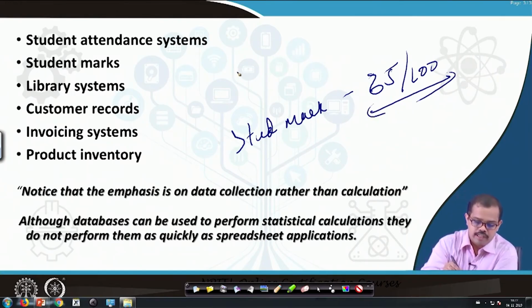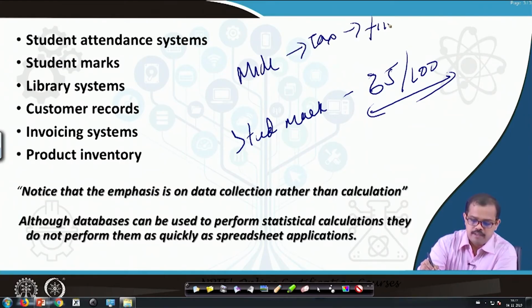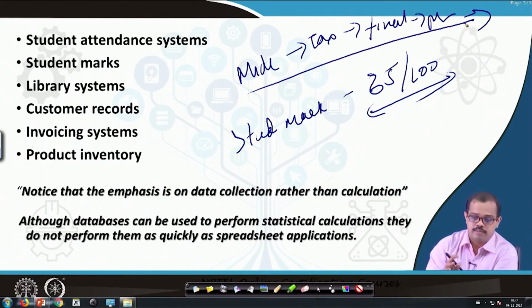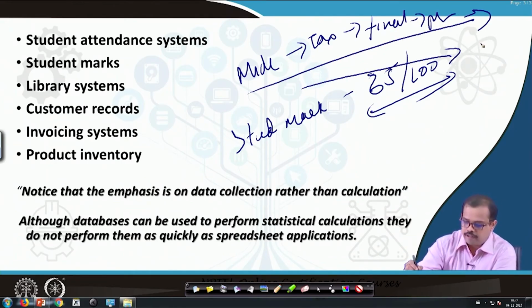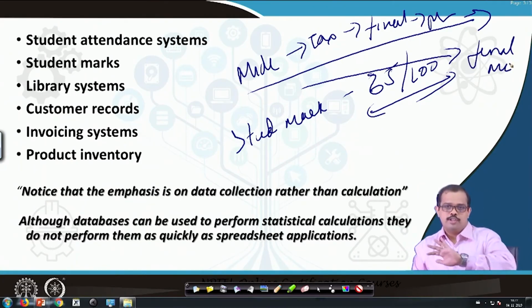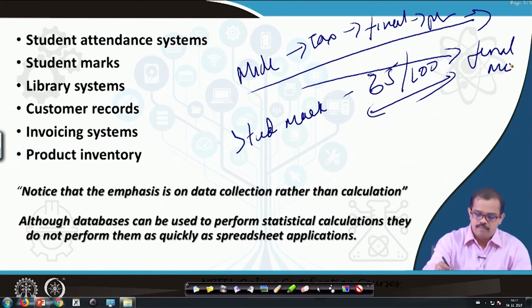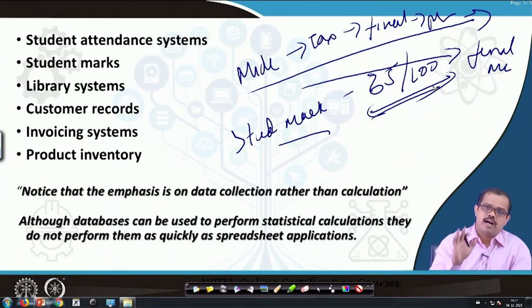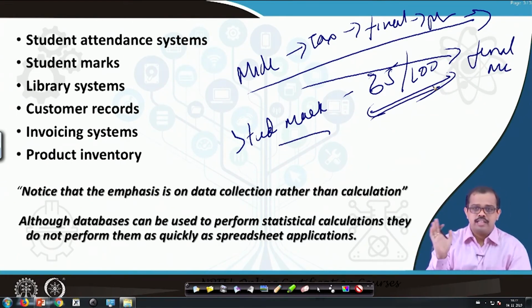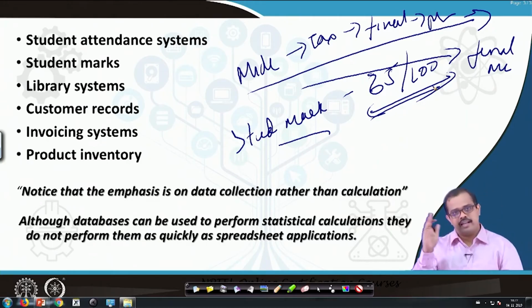But if you are looking at the midterm exam, the take home exam, the final exam, presentations, surprise tests, all of these have certain marks associated with them. So if you want to calculate the final marks out of all of these, then you need Excel, whereas here it is only collection of data, which student has how many marks, that's all. So that's the difference between Excel and Access.